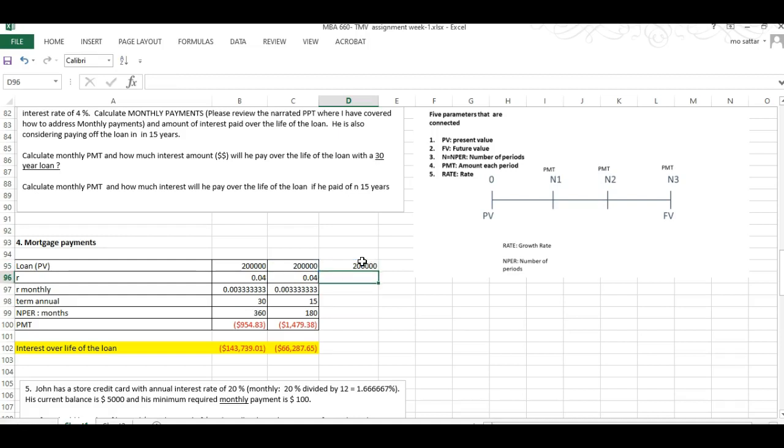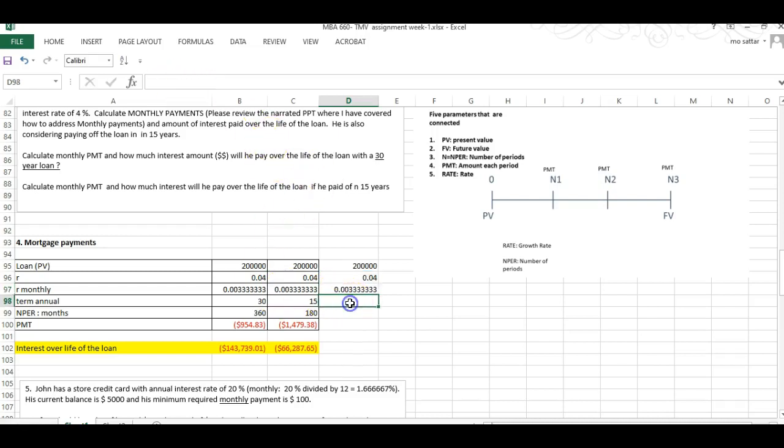We know we want to borrow $200,000. We know that the interest rate is 4%. But because we want to do it on a monthly basis, we take that number up here and divide it by 12, because I want monthly interest. That's why we got that number.